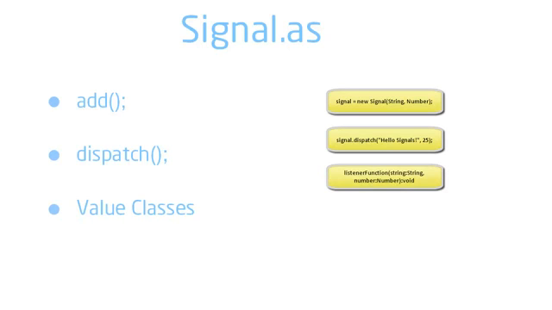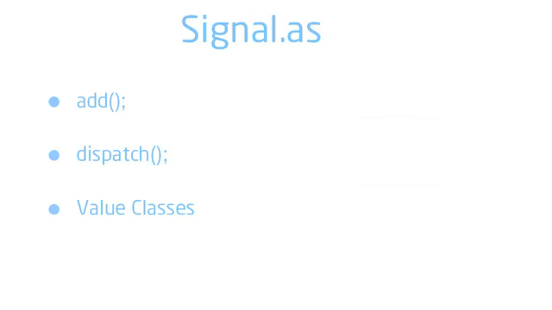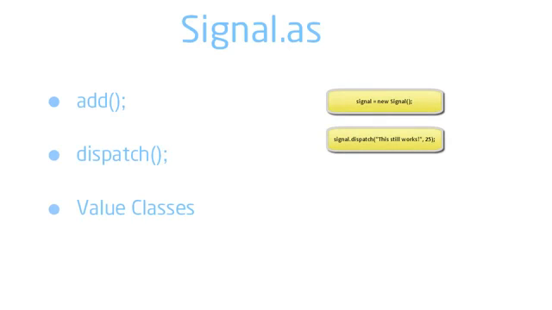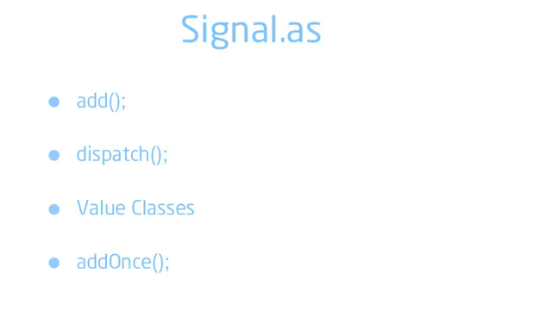Subsequently, any listener function must of course accept these arguments. Now, signals are quite flexible in that you can skip the value classes in the constructor and still pass along arguments. Still, of course, you must make sure any listener function expects these arguments, and this will be verified the moment you call the add function. If the check fails, an error will be thrown. There's also an add once function, which lets you add listeners that will get removed automatically after the first time they are called.